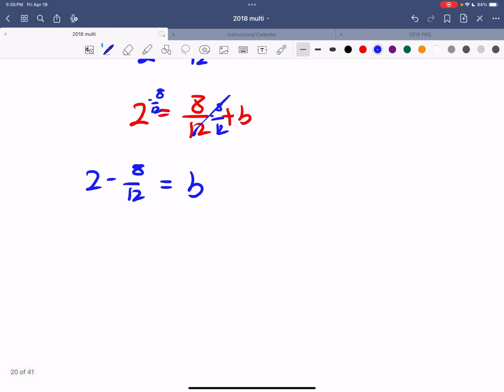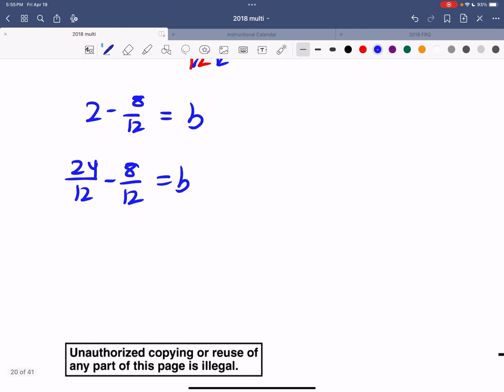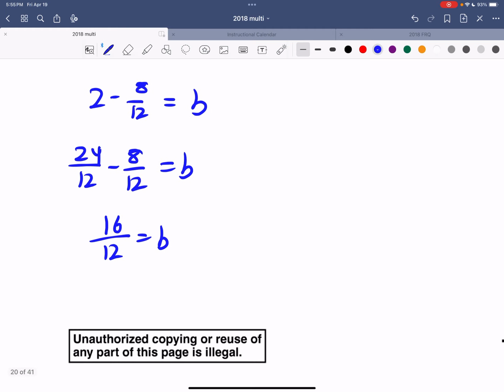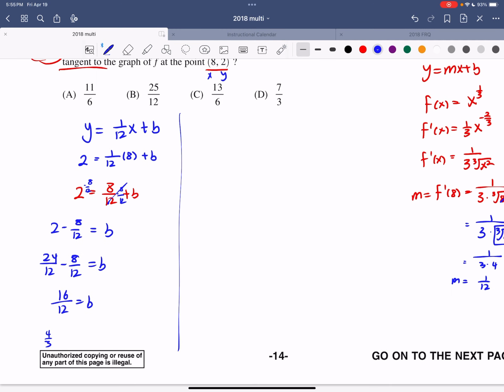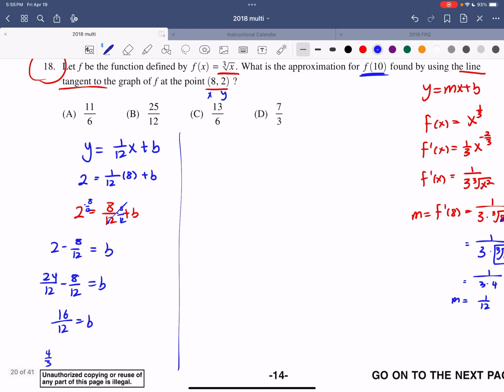And this is the same thing as 24/12 minus 8/12 equals b. 24 minus 8 is 16/12 equals b. You can simplify it, or you don't have to. If you want to simplify, it's going to be 4/3, but it's up to you. I will just leave it as 16/12 for now, okay?